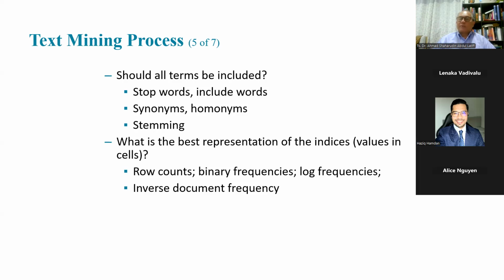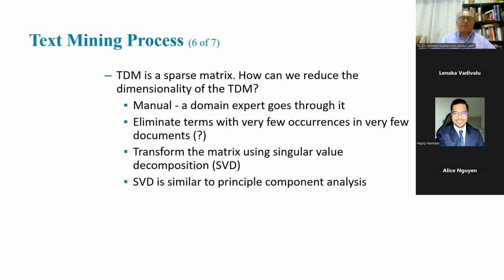And then you calculate the raw count, binary frequency, log frequency, and then do inverse document frequency. The term document matrix is a sparse matrix. We can reduce the dimension, either by having a domain expert look at it manually, or we can do SVD, single value decomposition.